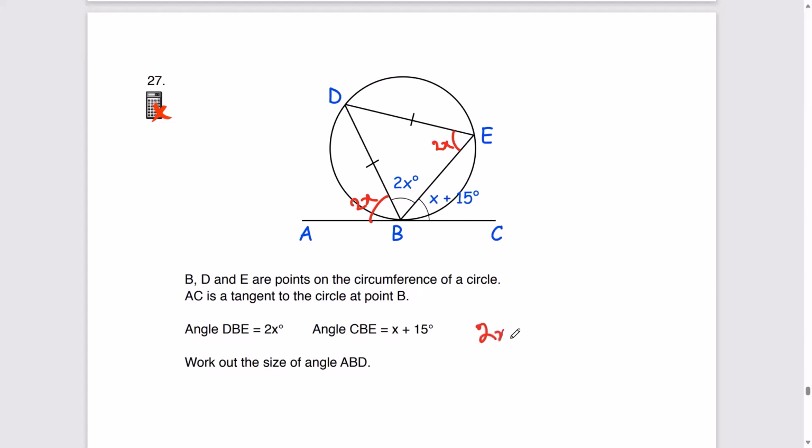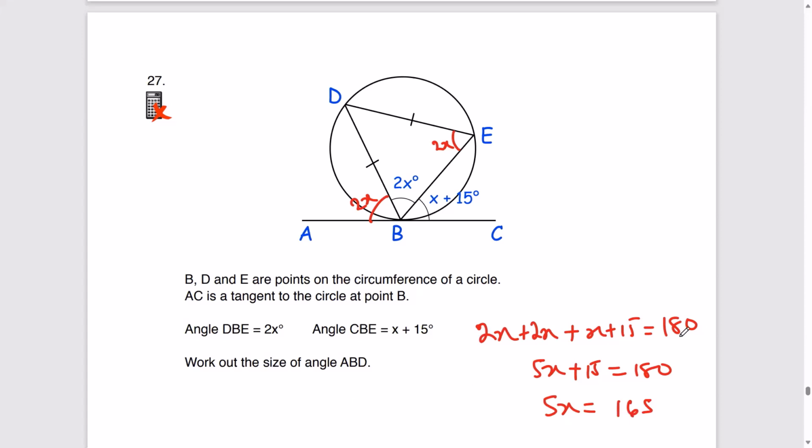So you have 2x plus 2x plus x plus 15. We add up the 3 angles, you get 180. So that's 5x plus 15 equals 180. Subtract 15 on both sides. That's 5x equals 165.